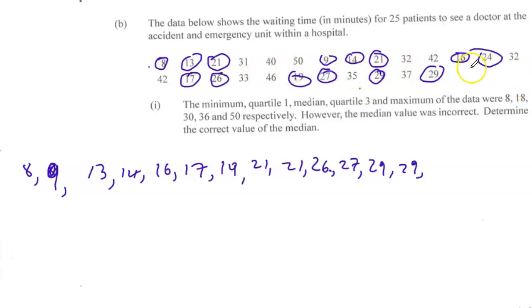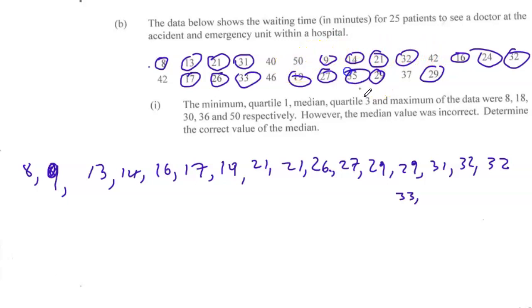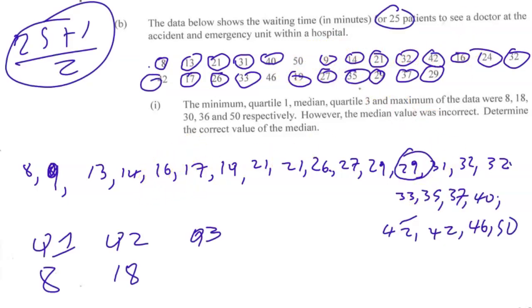And no 30, but there's a 31, we have two 32s there. And then there are 33. 34, no. 35, yes. Alright, error there.